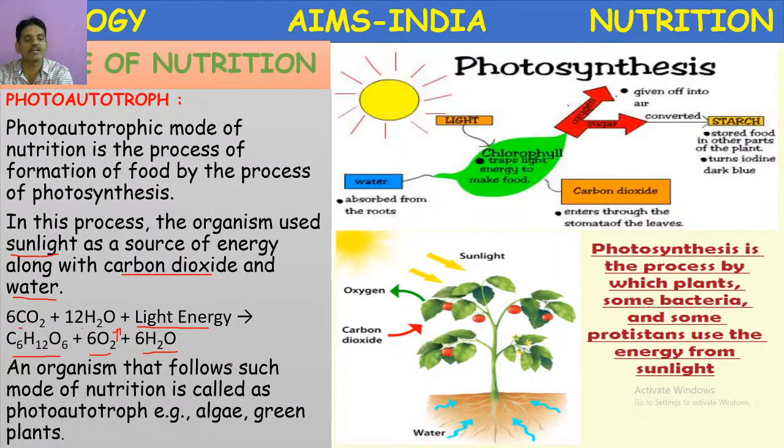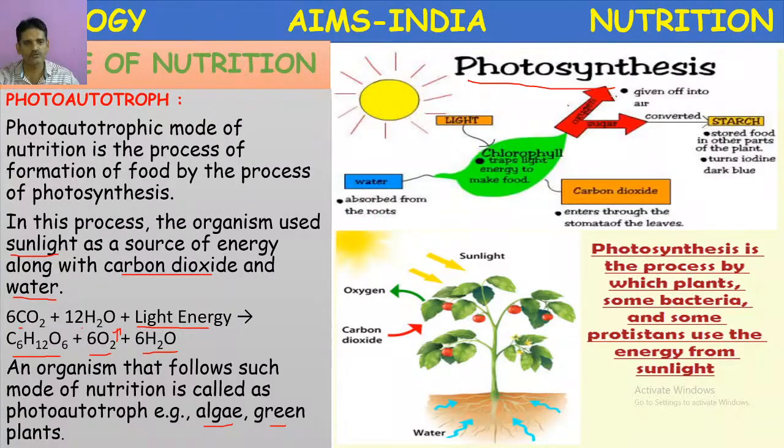An organism that follows such a mode of nutrition is called a photoautotroph, such as algae and green plants. Let us see this picture of photosynthesis. Here sunlight is the source of energy, and water is absorbed through the roots.